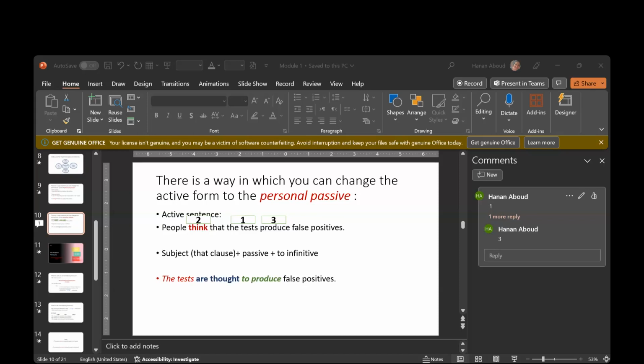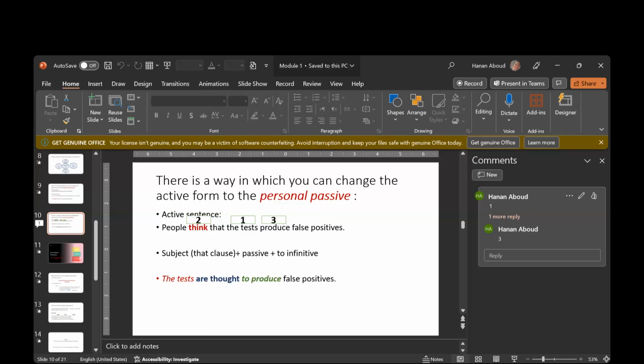Okay, so let's right now have a look at section 2, grammar, relative pronouns.